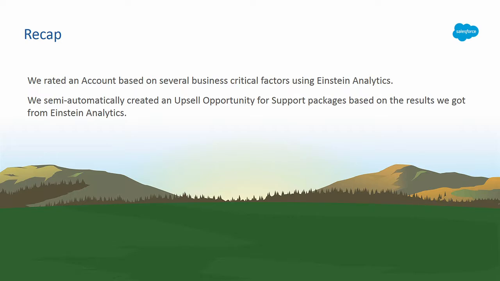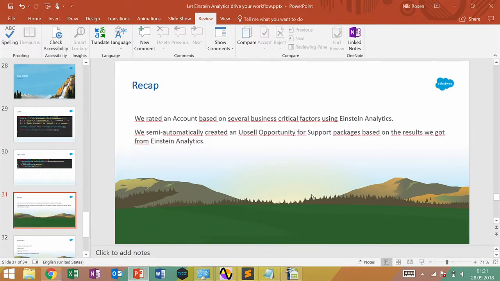So let's take a quick recap of the second demo. We rated an account based on several business critical factors using Einstein Analytics, and we semi-automatically created an upsell opportunity for support and maintenance packages based on the results we got from Einstein Analytics. I think I would just jump into the demo.